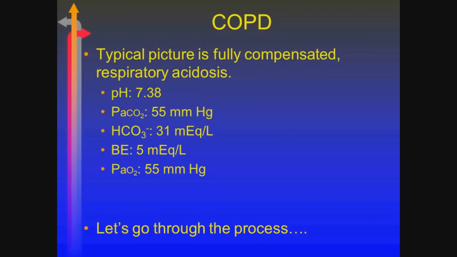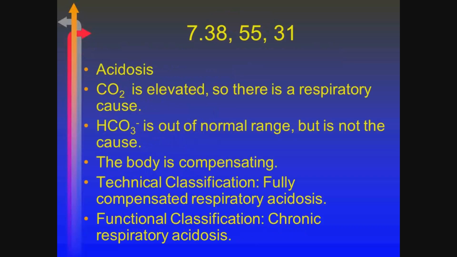Let's take a look at that COPD problem, first of all. Here's a blood gas. How would we classify this in our normal classification scheme? Okay, fully compensated respiratory acidosis, right? It is an acidosis. It's on the acid side of normal.